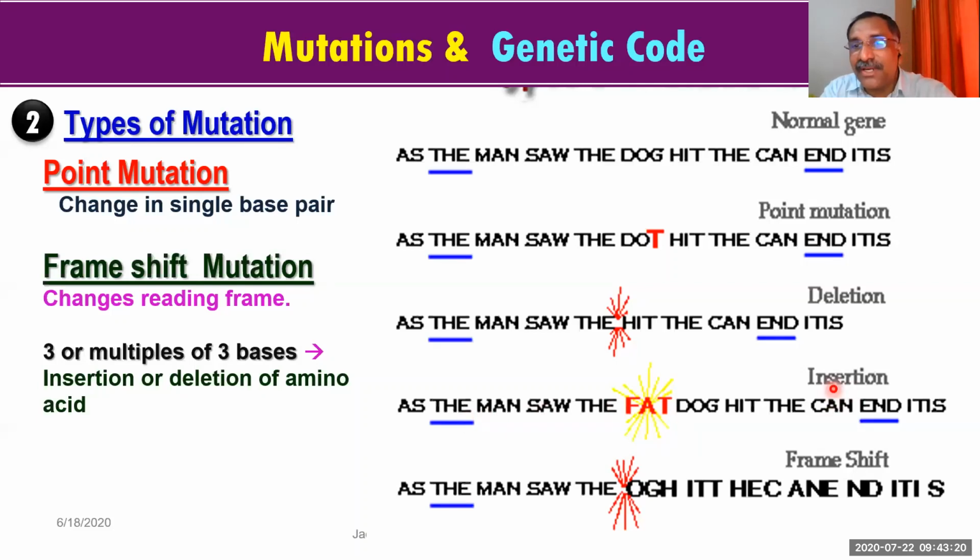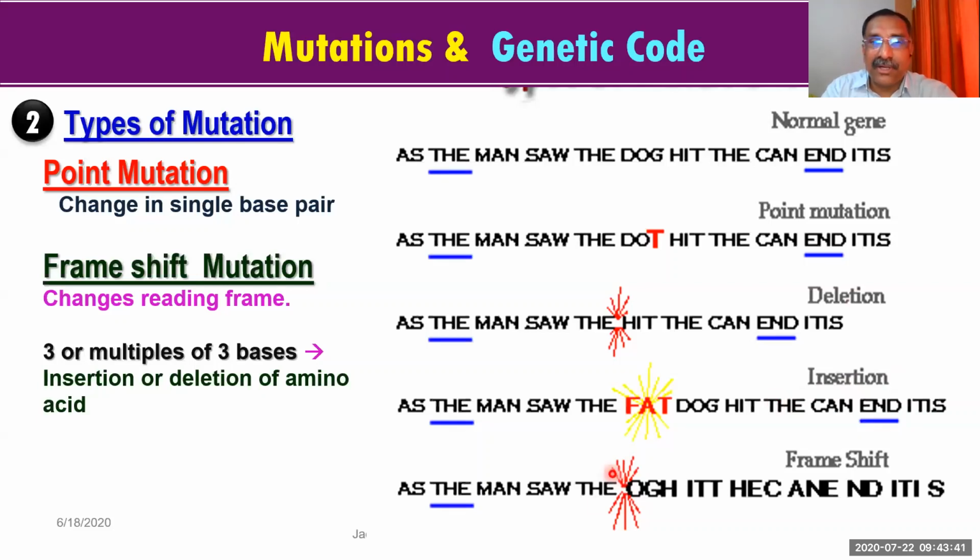So this is what is called insertion. Got this point clearly? When you add a nitrogen base, or a set of three nitrogen bases, that is a word, a codon we can say, every time the meaning changes.